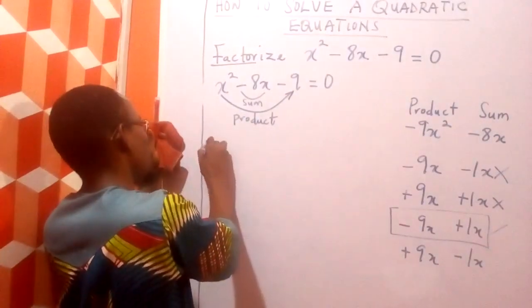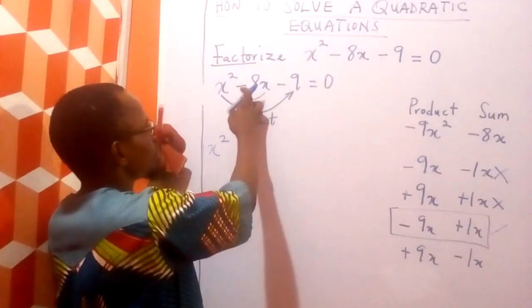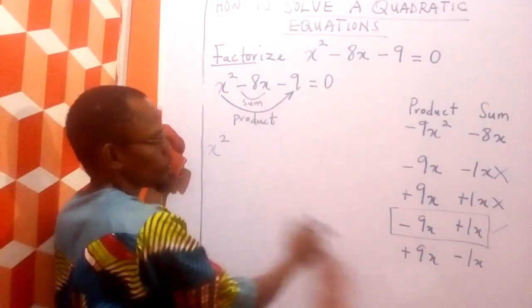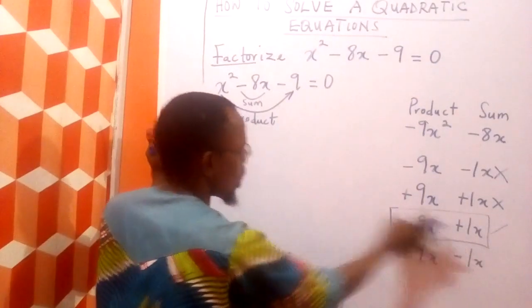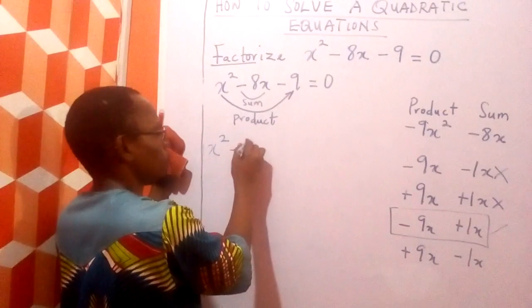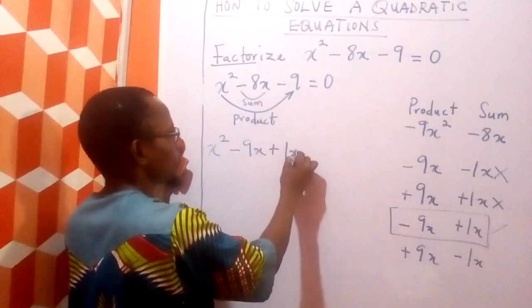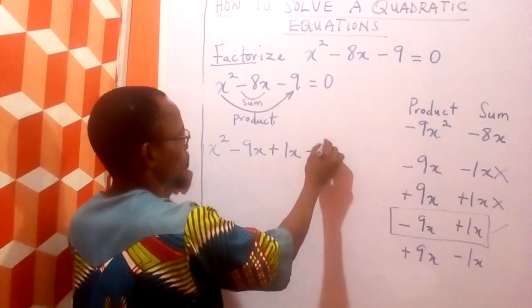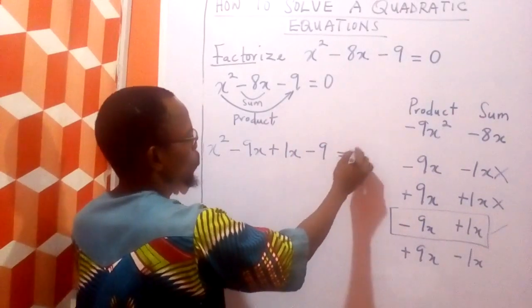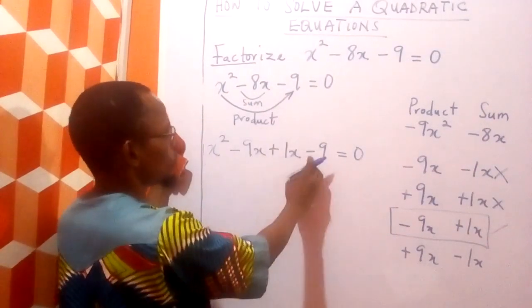We'll have x squared, and instead of writing minus 8x, we come to this and slot it here. So we'll have minus 9x plus 1x minus 9 equal to 0. So we've simplified this equation.